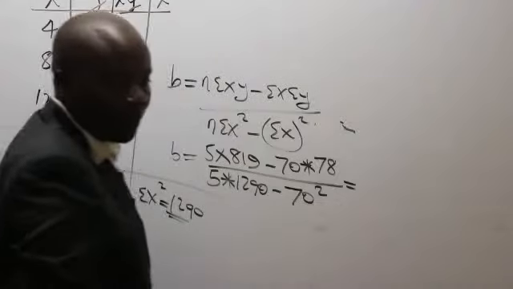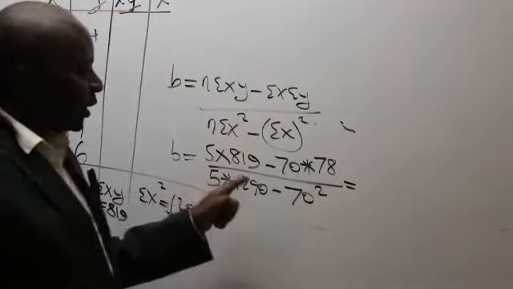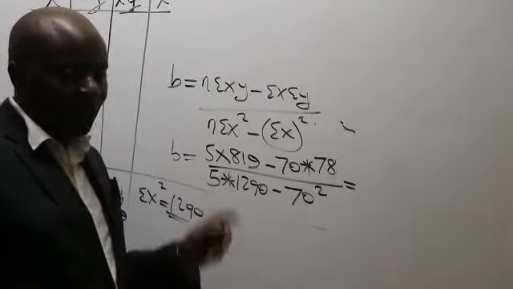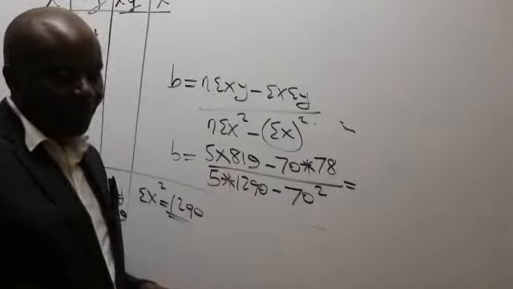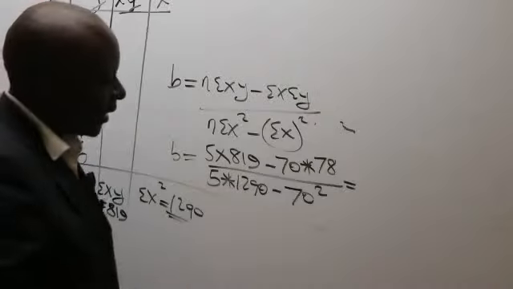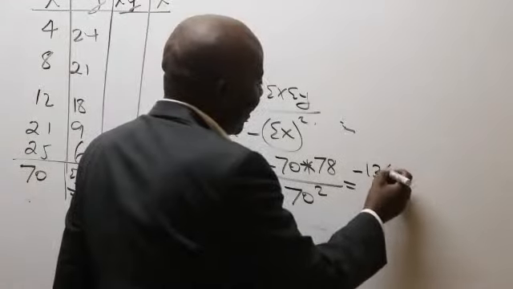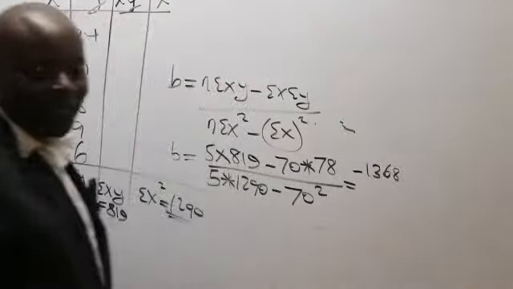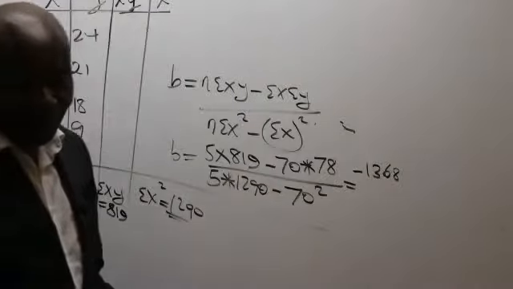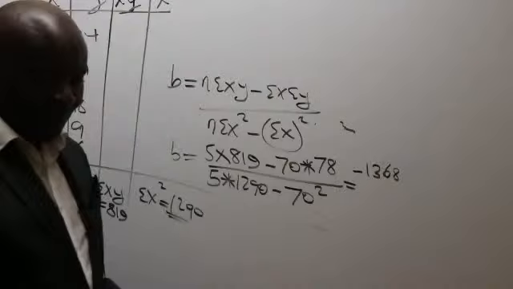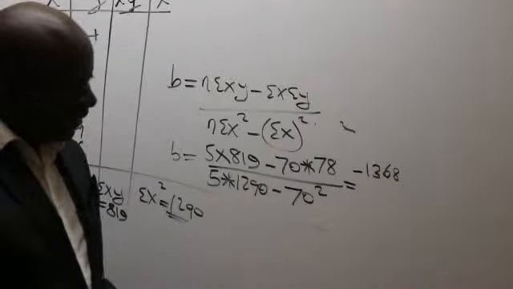So here you have to move a little bit slowly and get the numerator aside. What did you get for the numerator? Somebody? Negative 1368. Can someone else confirm that figure? Mine is negative 1365.